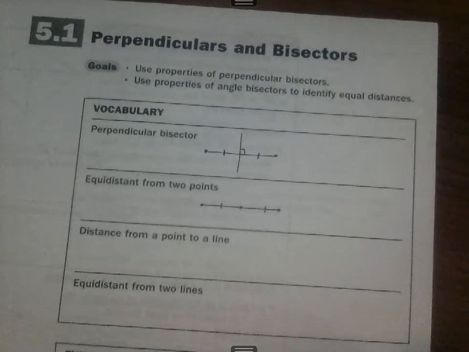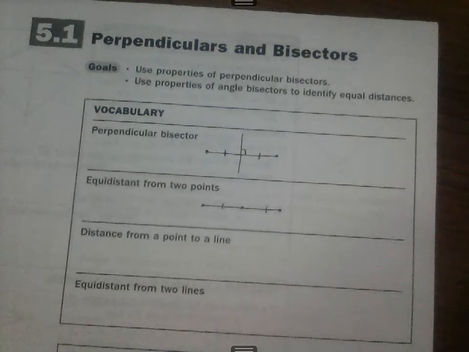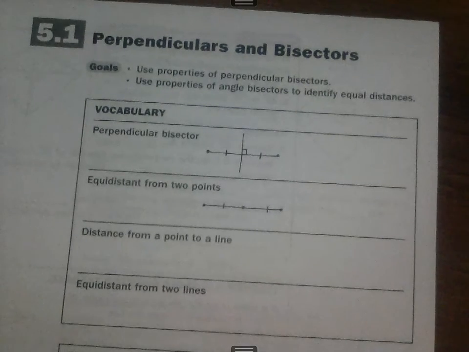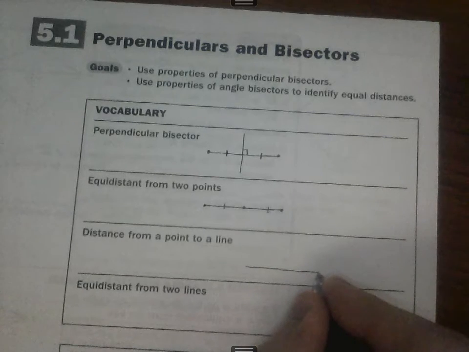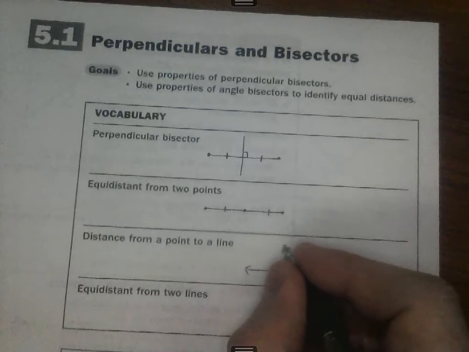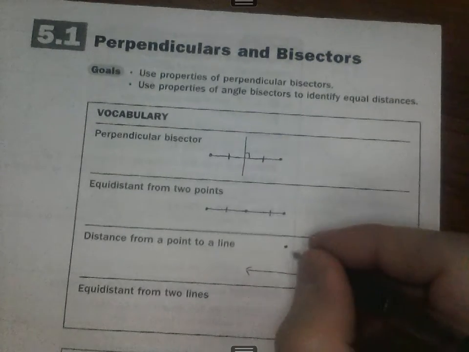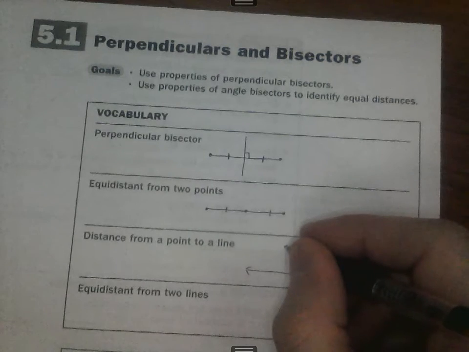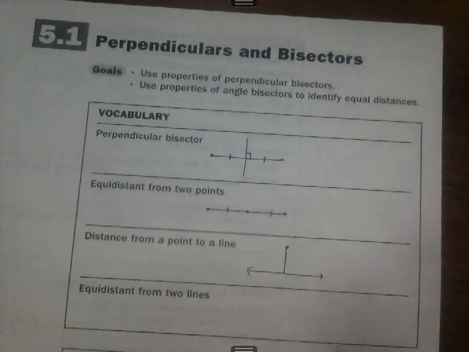The distance from a point to a line is defined as the length of the perpendicular segment from the point to the line. So in other words, if I have a line and I have a point, the way that we find the distance between this point and this line is by drawing the perpendicular line, not even the bisector, just the perpendicular line.